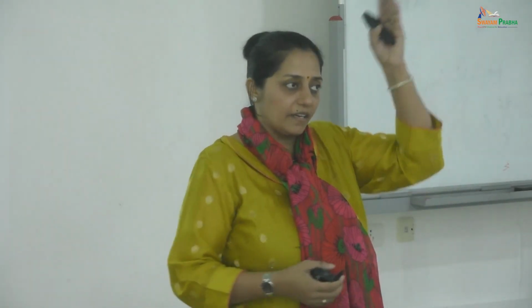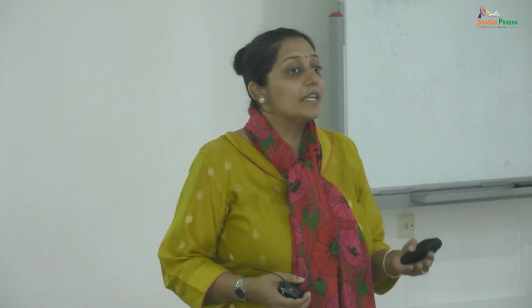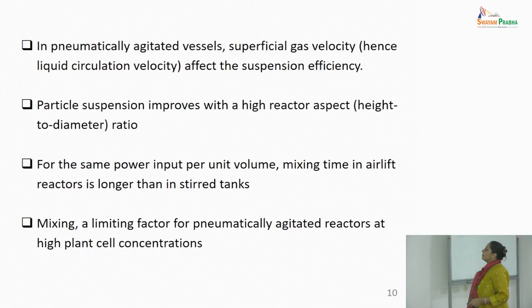These liquid circulation currents, built because of the bubbling happening in one direction, then let you have the cells mixed. So this is how mixing can be improved. For the same power input, the volume mixing time in airlift reactors is lower than in stirred tanks, which is a good thing. Mixing is a limiting factor for pneumatically agitated reactors, as I just told you.